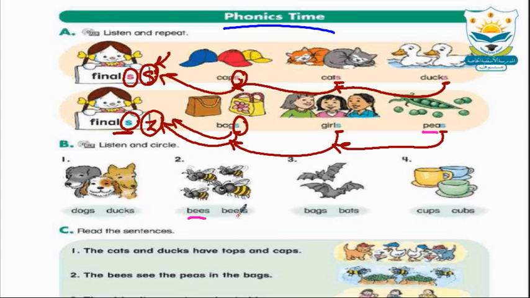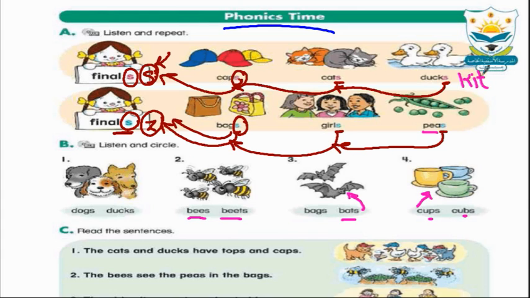I also have beets, beets, don't get confused, B-E-E-T-S, which is the beetroot. Fourth year, beets is beetroot. Bats, bats, which are the bats. Okay? Cups, cups, cups, with P for pen, are the cups, but cubs, with B for book, are the young of animals. Okay? We take other words, and please write all these words in your notebooks.